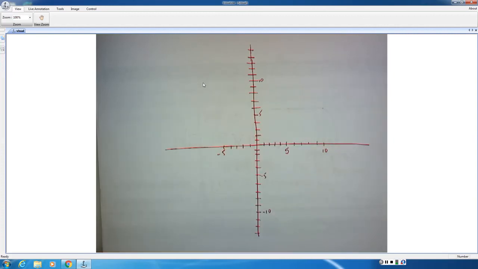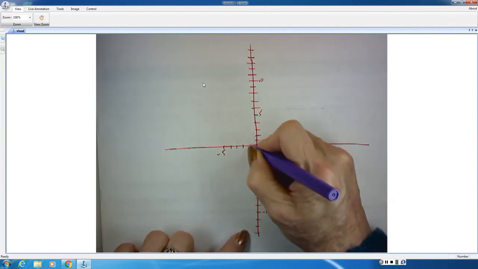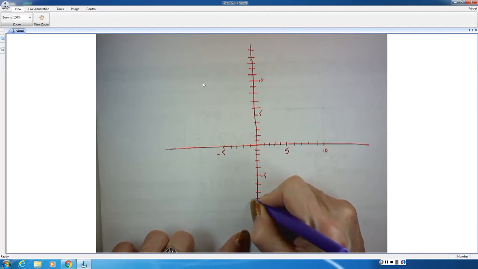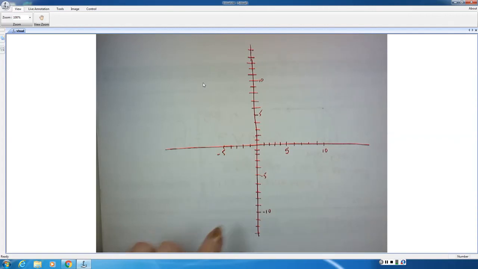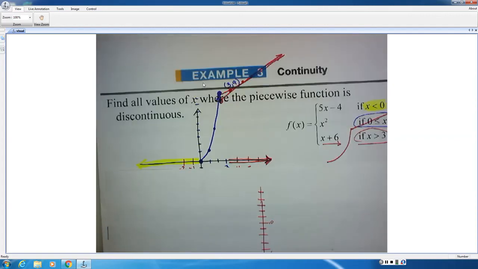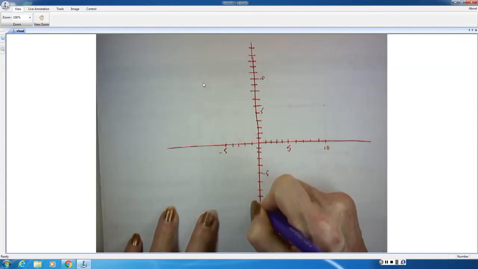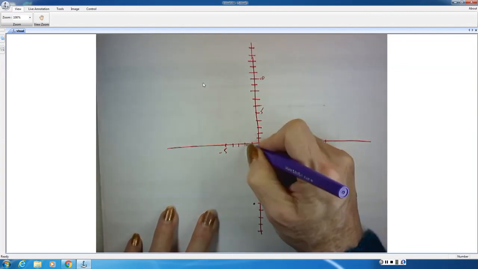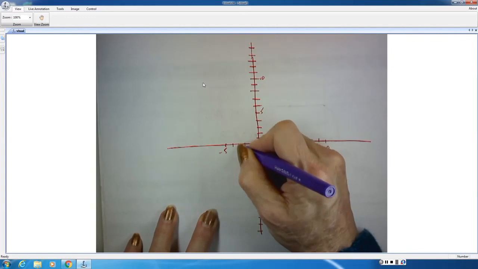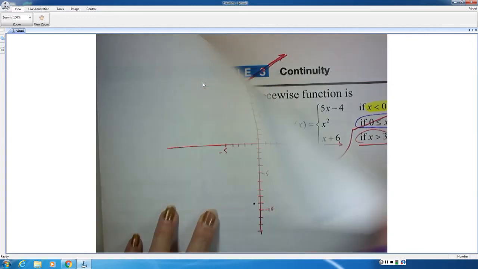This thick. The first piece of the function, -1, and let's see, I need my definition again. -1, -9. -2. -14.